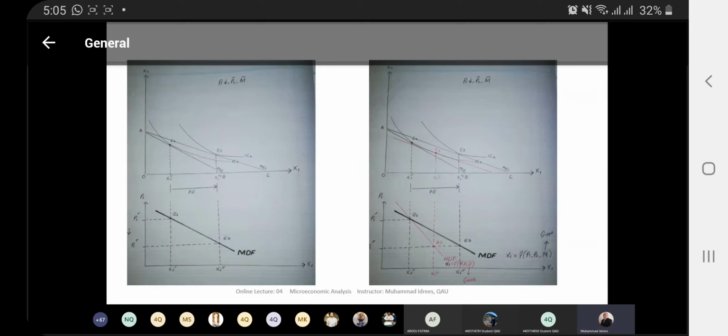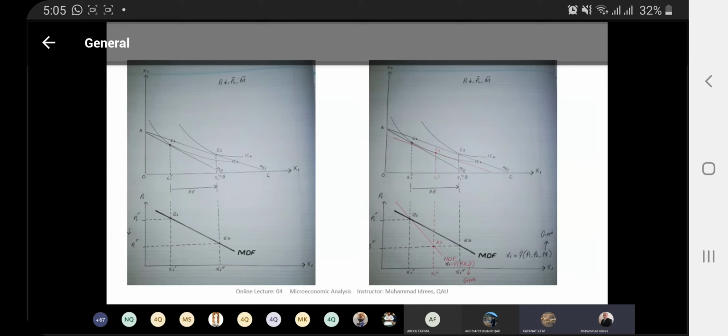Excuse me, sir. When we are compensating the consumer, do we have to compensate him with exactly enough so that he could purchase the bundle on the same indifference curve as before? Actually, there are two approaches. The one which you are talking about is the Slutsky approach, and here we are talking about the Hicksian approach.